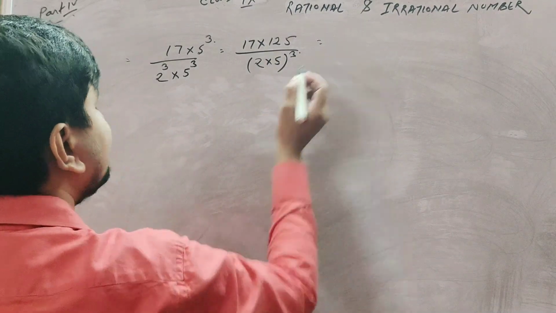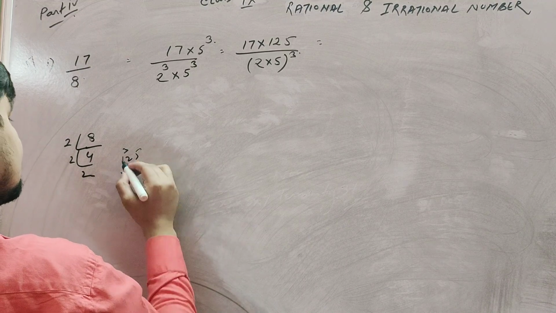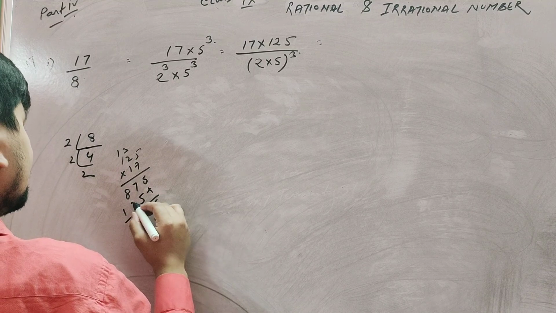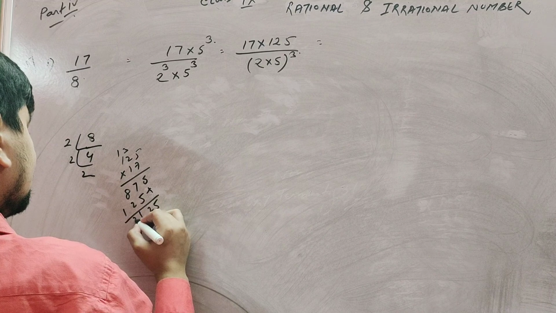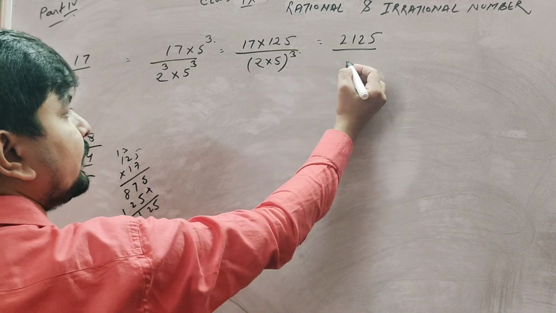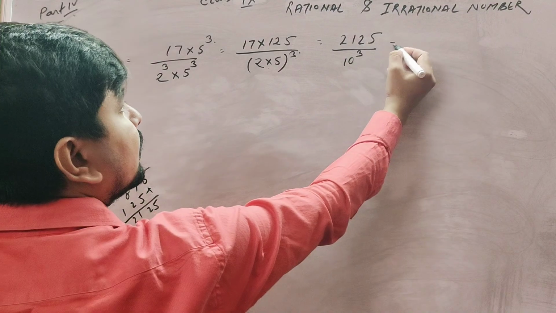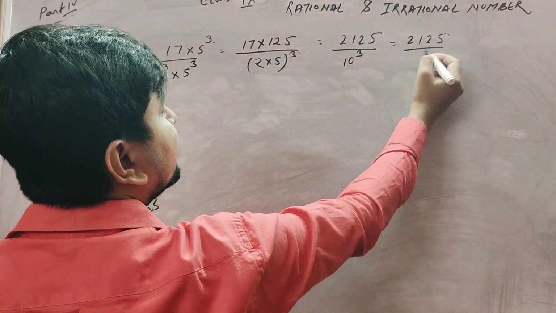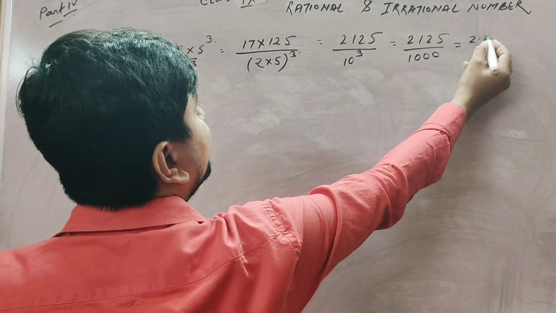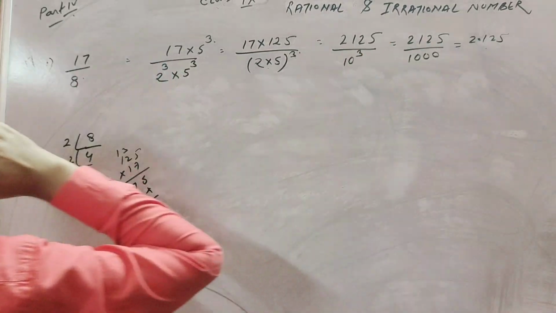Okay, so 17 times 125 is 2125, and in place of 2 into 5 we write down 10 to the power cube, 2 5s are 10, cube. 2125 over 10 cube means 1000, and you write the decimal 2.125, that is the answer.